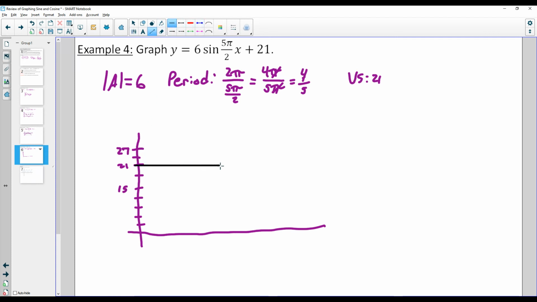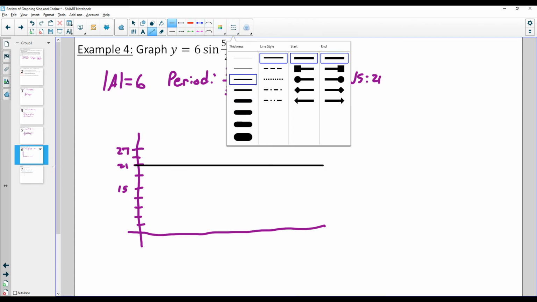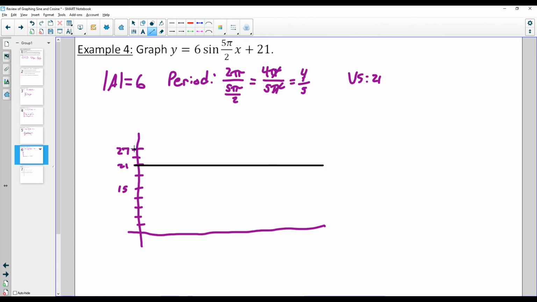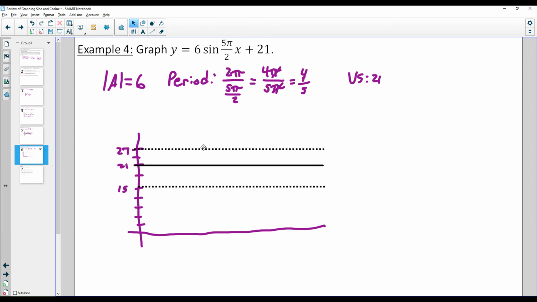My midline is at 21. My new max is at 27, and my min is at 15. And I'm just going to scoot this up a little bit just so it looks a little more even.